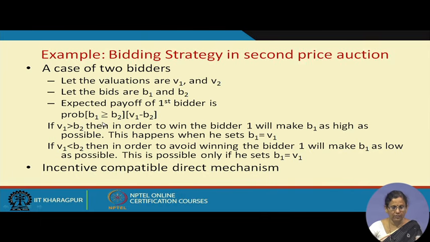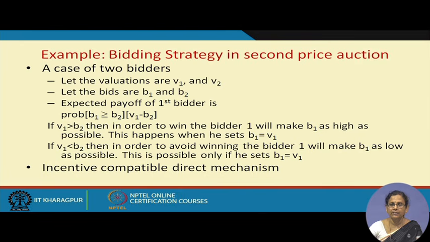Now, let us try to figure out under this situation whether I will be bidding truthfully or not. Now, look, if V1 is greater than B2, I mean truly my valuation is greater than the other person's bid value, then in order to win, I will make B1, my bid value, as high as possible.